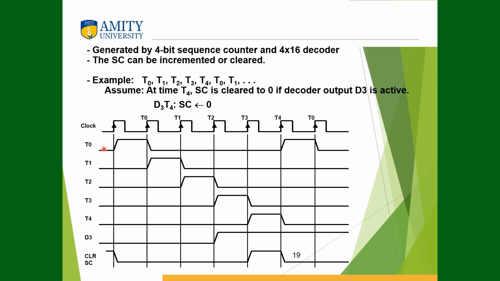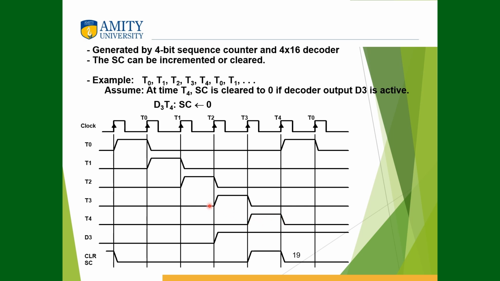This happens because when we initially start our clock, the timing T0 is set to active in the first clock pulse. The distance between the clock from here to T0 is the first clock pulse. This will be the second pulse. So in the first pulse, T0 is active, and once that pulse is completed, we have T1 active in the second clock cycle, T2 active in the third, T3 active in the fourth, and T4 active in the fifth.